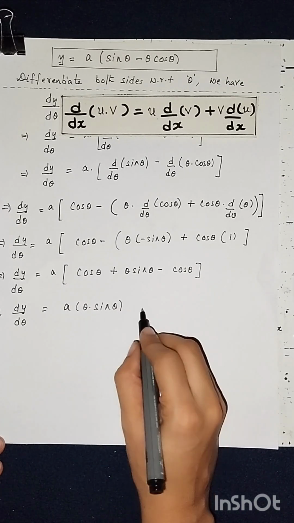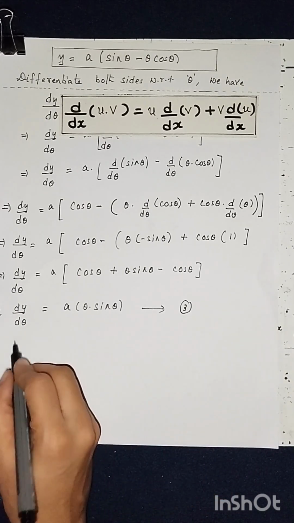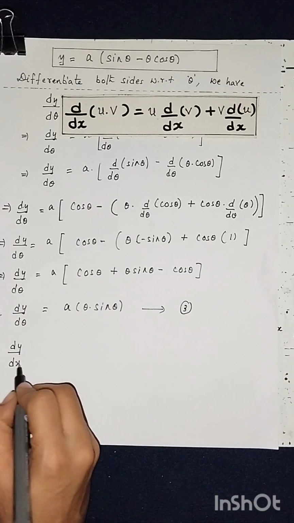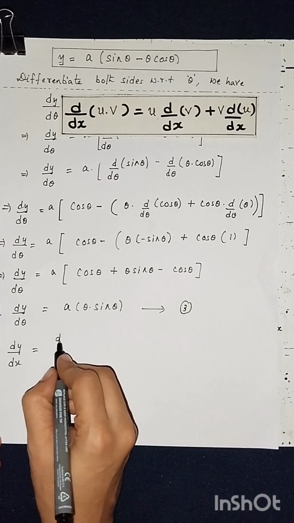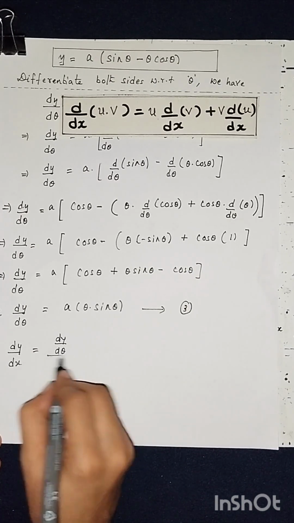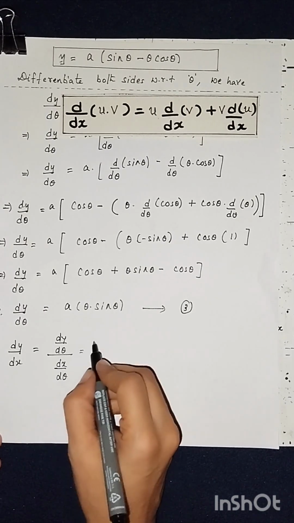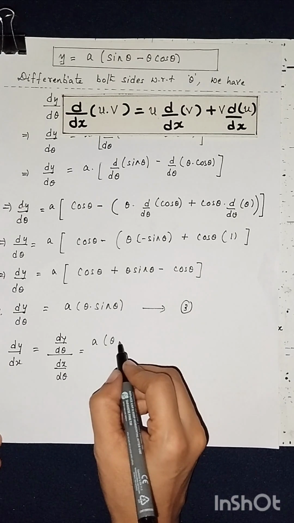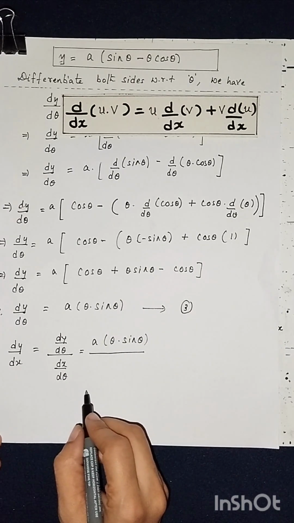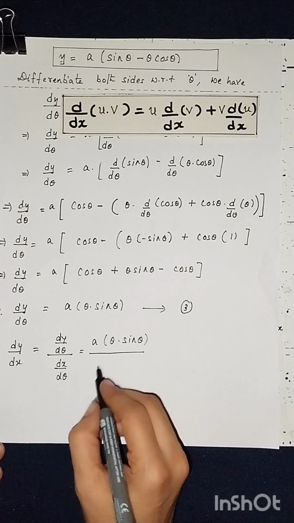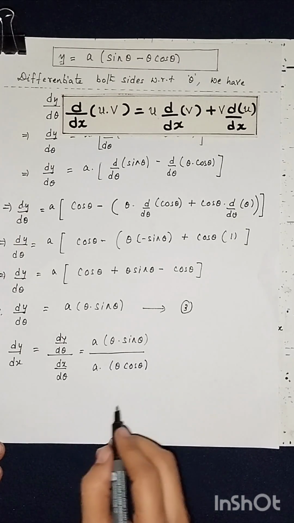So we got dy by d theta, which is equation 3. What we want now, finally, is dy by dx. So first we will substitute equation 3, which is dy by d theta, then dx by d theta. Now this will be a into theta sin theta divided by dx by d theta, which was a into theta cos theta.